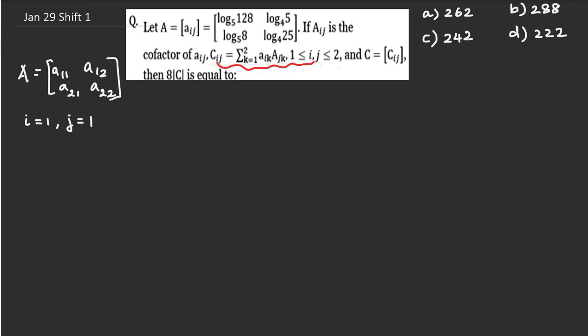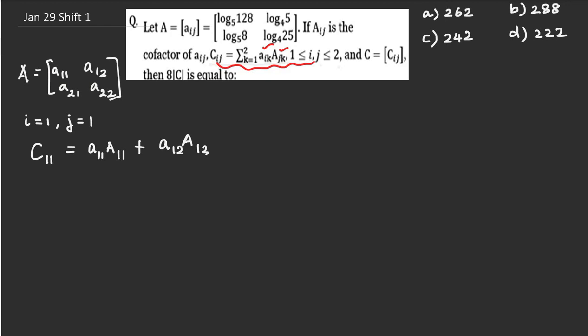Now this cofactor C11 can be written as A11 into A11, taking k equal to 1 first and then k equal to 2, plus A12 into A, j is 1, k is 2.